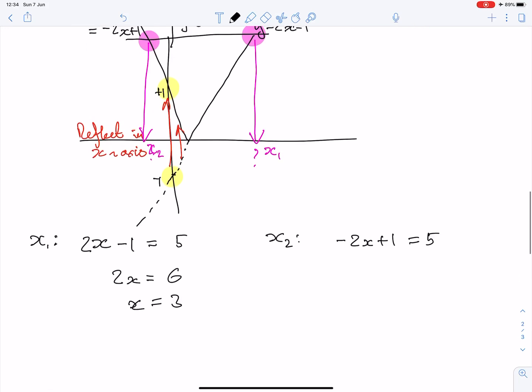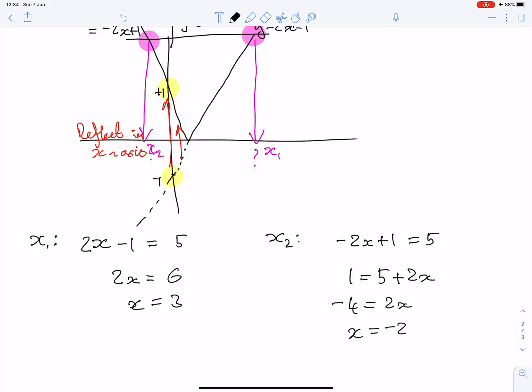Solve it in the usual way: make the coefficient of x positive. So we get 1 is equal to 5 plus 2x, minus 4 equals 2x. So x equals negative 2.